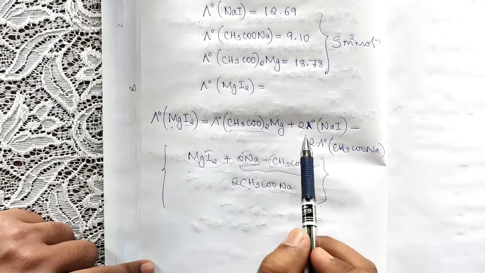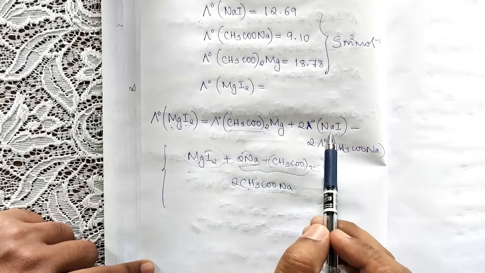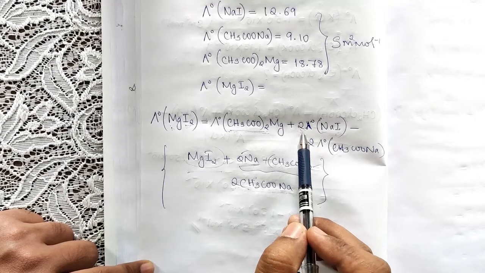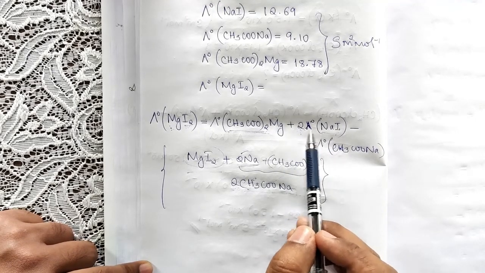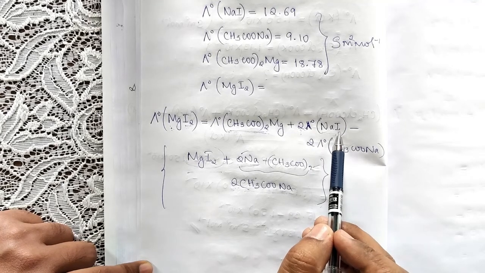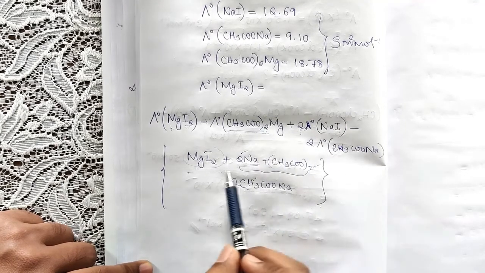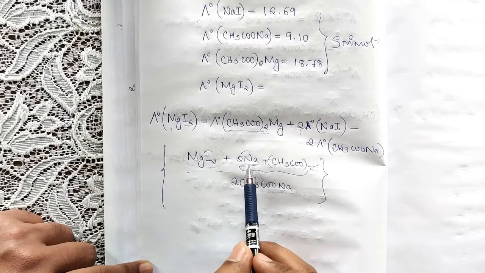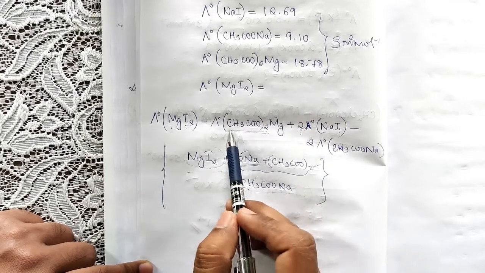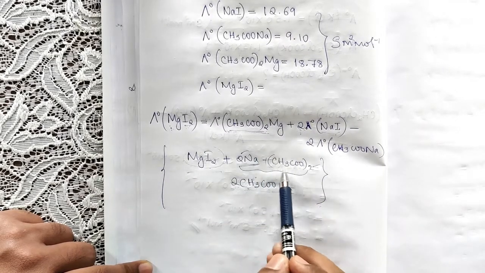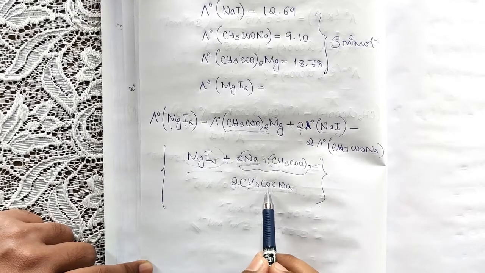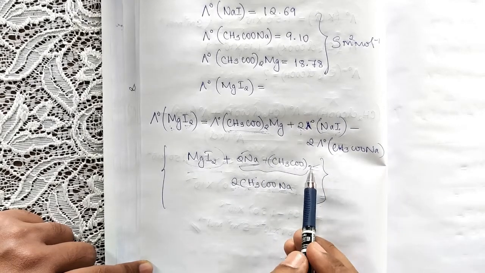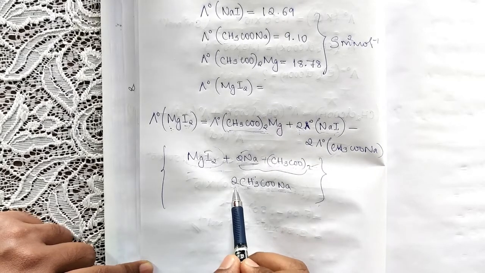So in order to get I2, I multiply the entire NaI with 2 out here. So when I multiply with 2, I will have 2Na as well as 2I. So when I add these two together, I will have MgI2 as well as 2Na and (CH3COO)2 out here. So if I join these two together again, I will have CH3COONa. Since this is 2 and this is 2, I write here 2.